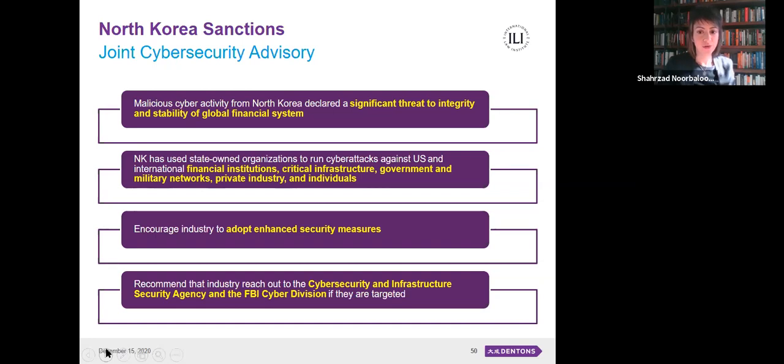According to the advisory, North Korean state-run organizations have used cyber attacks to target U.S. and international financial institutions, critical infrastructure, government and military networks, private industry, and individuals. The advisory aims to notify the public about these threats and encourage the implementation of technical and behavioral measures to enhance protection against these threats, and also encourages increased communication between the private sector and relevant U.S. agencies such as Cybersecurity and Infrastructure Security Agency, or CISA, and the FBI Cyber Division with respect to such threats. Next slide.